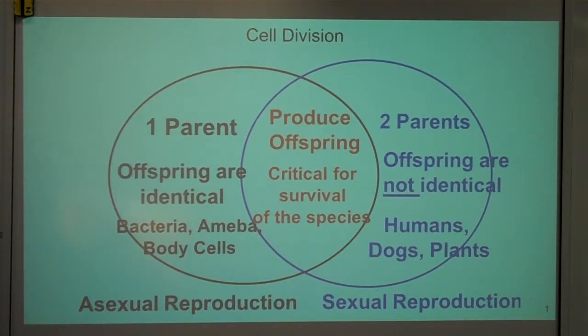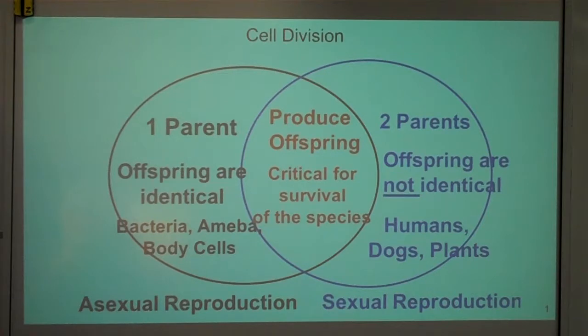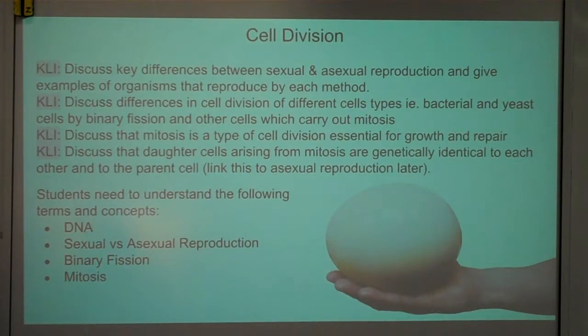No difference. You've got one cell making a copy of itself, so the organism is identical. In sexual reproduction, the offspring is a combination of the parents, and so it is not identical to either of them.